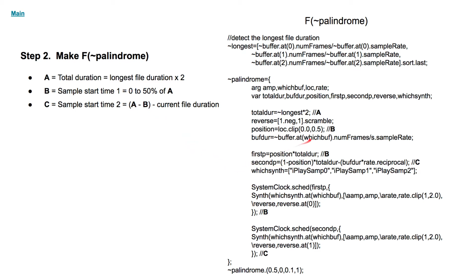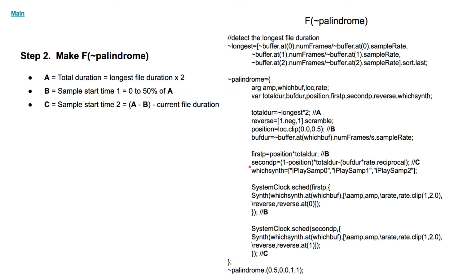Okay, so here I labeled the A, B, and C in my code. So total duration times 2, here's the longest times 2, A, and here's the position 0 to 50%. My first sample position is here. First P equals position times total duration, and that's it.